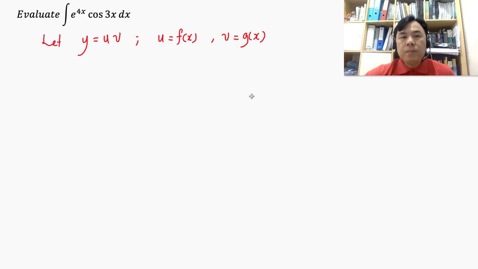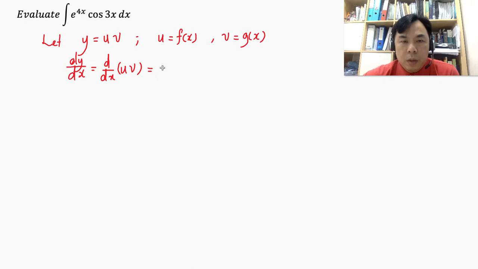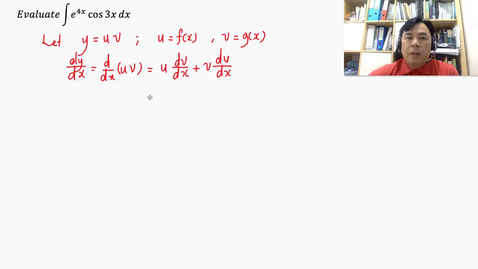Now, based on the definition of the product rule, dy/dx, differentiating uv with respect to x, would give us u dv/dx plus v du/dx. All right, that is the definition of the product rule.